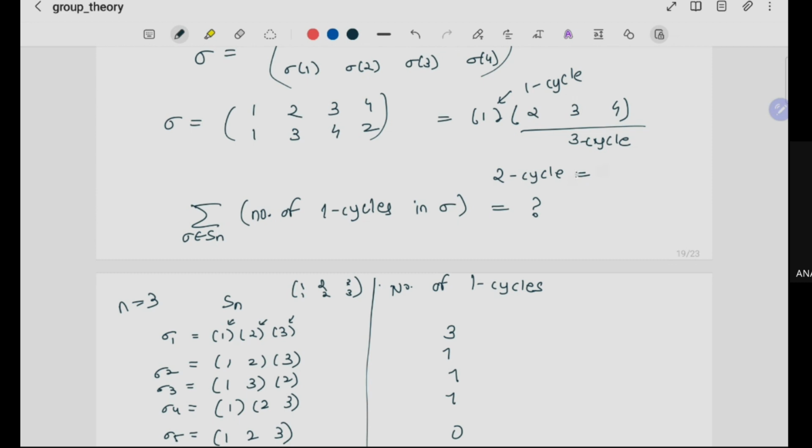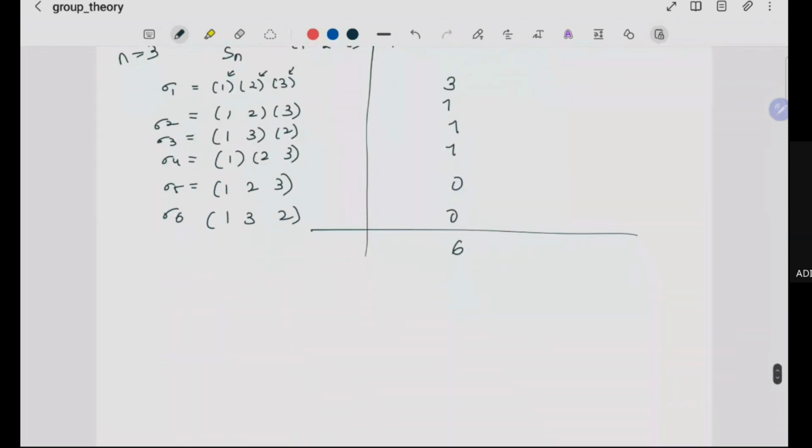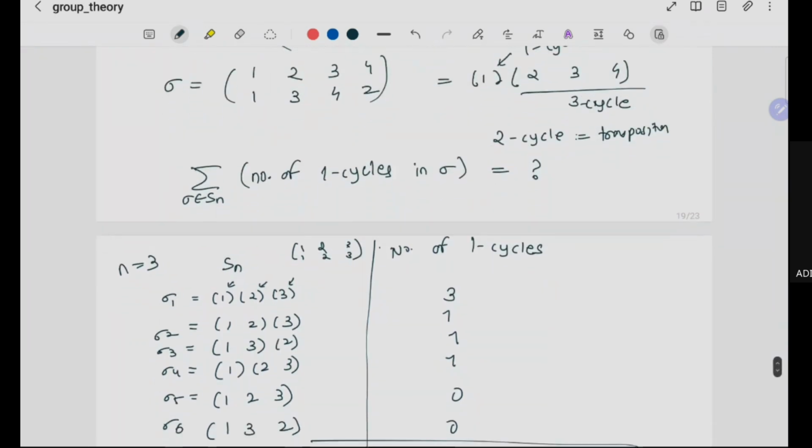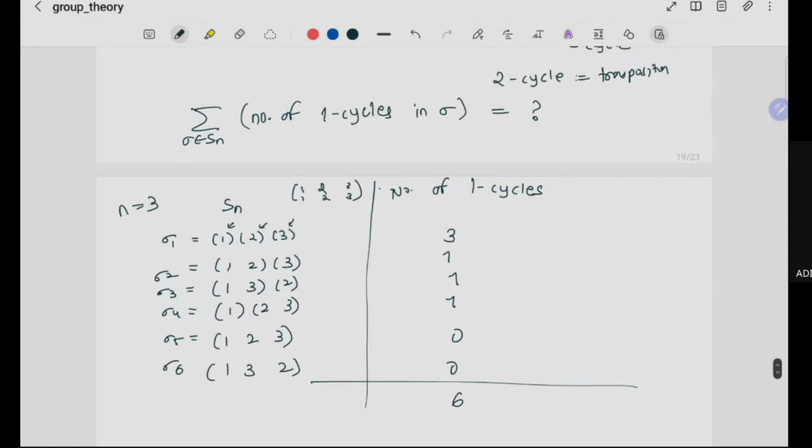It is just naming. And the 4 cycle will be 1, 2, 3, 4. We are writing it in the form of cycles, and it is just the cardinality of that cycle.